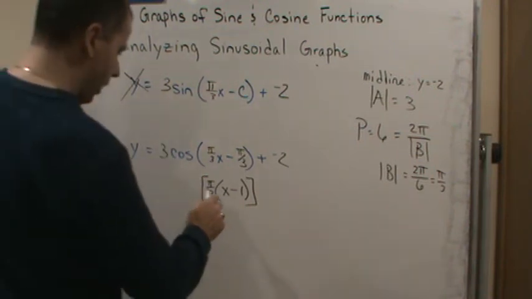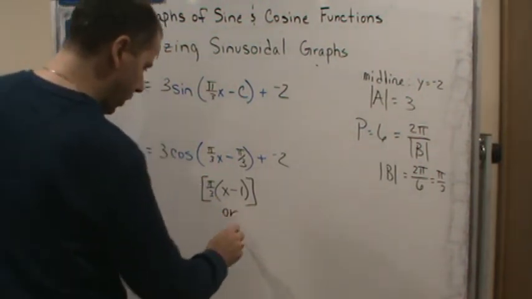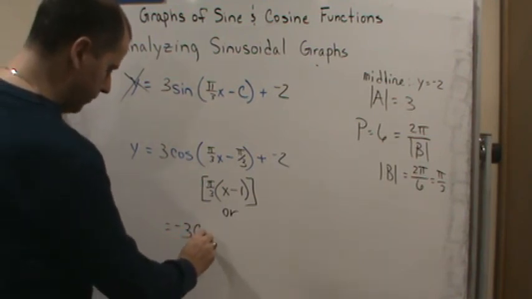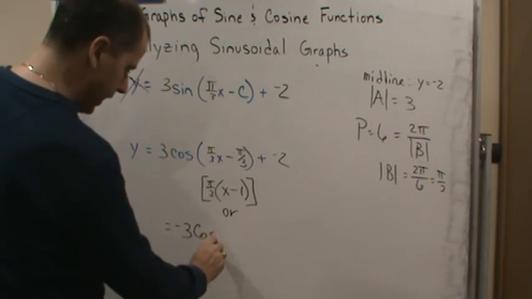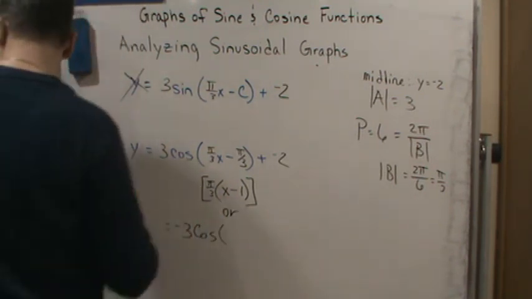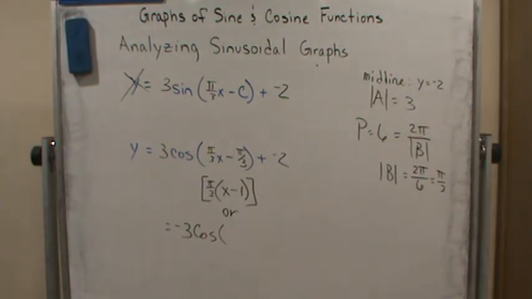So the other way of doing this one would be -3 cosine, with a shift to the left 2 units.